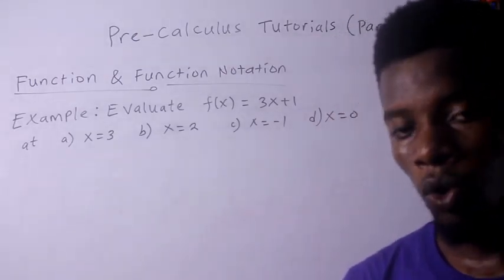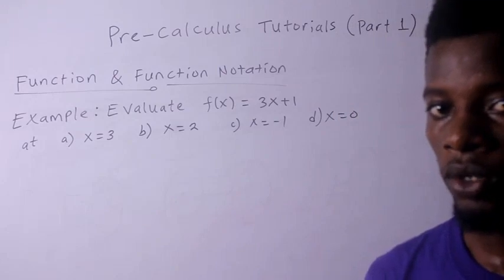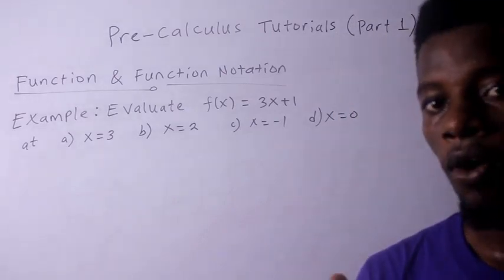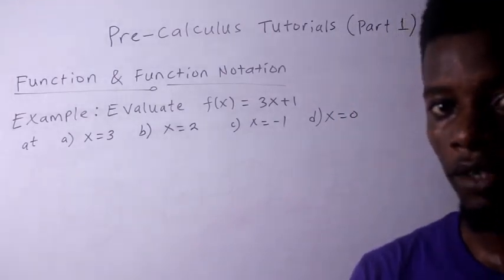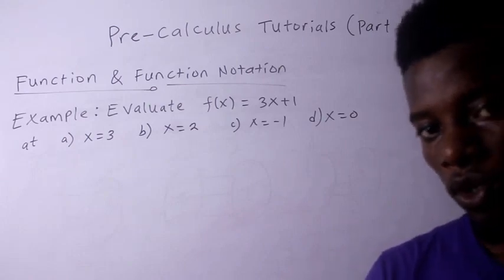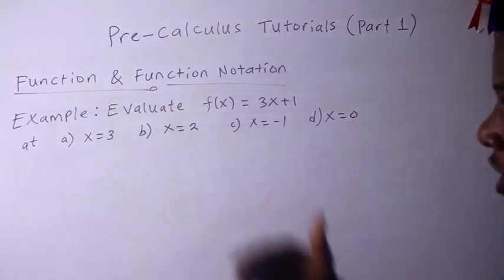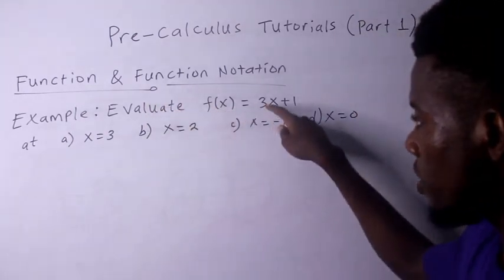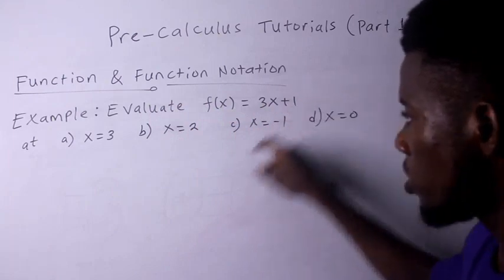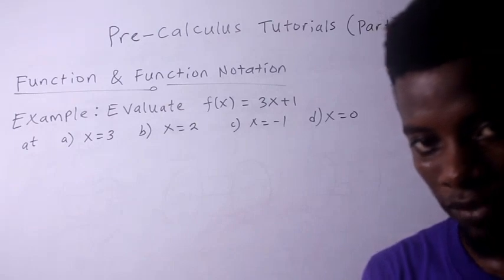Let's now go right ahead and solve some example problems so as to enhance your understanding of what a function actually is and how we evaluate functions at a particular value. So remember the example we gave about a machine. We have: evaluate f of x equals 3x plus 1 at each of these values of x.